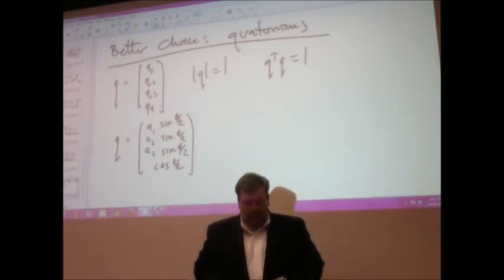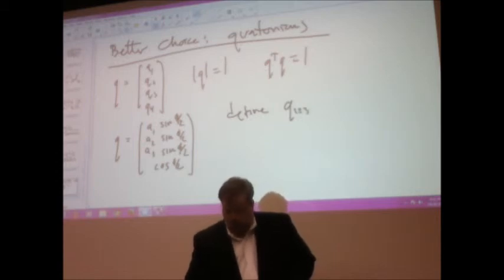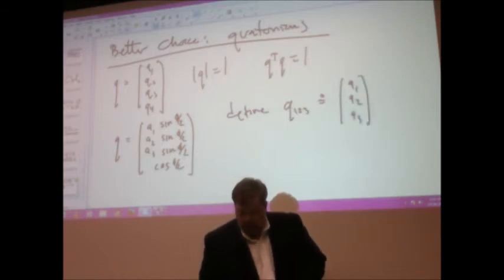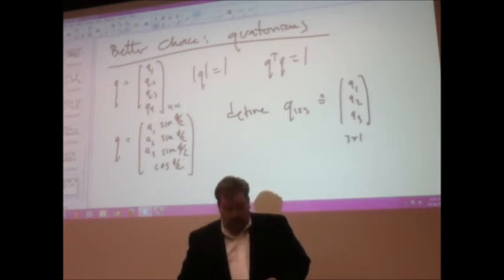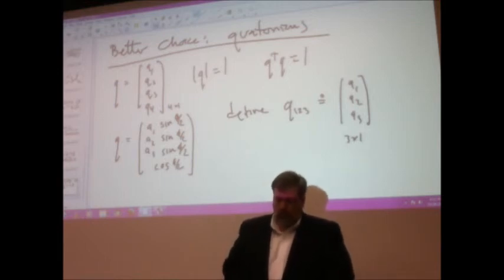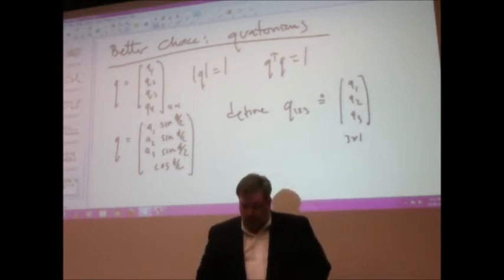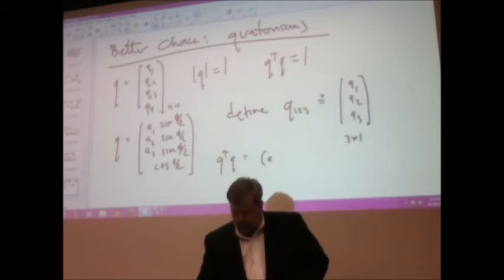But here's how it works. Let's define what I'm going to call q1,2,3. It's just a quick way of writing down the first 3 components here. Again, q is a 4 by 1 matrix, q1,2,3 is a 3 by 1 matrix, and then q4 is q4. I'm going to point out that if I wanted to calculate q transpose q, I could group things together.